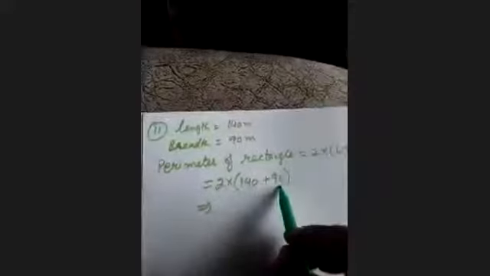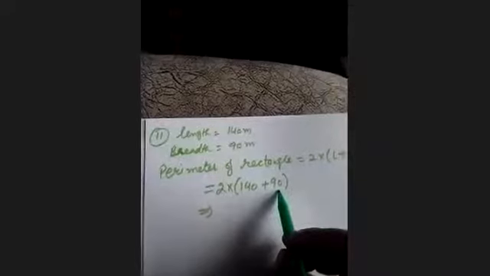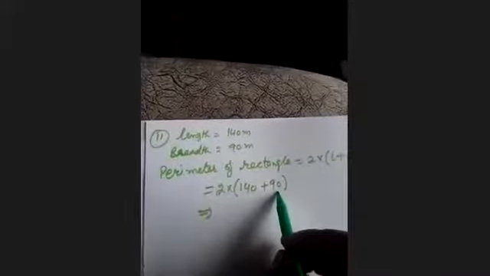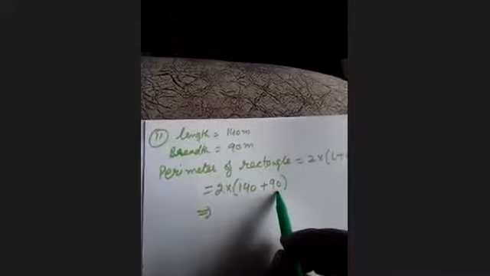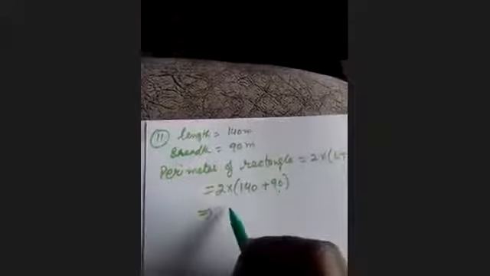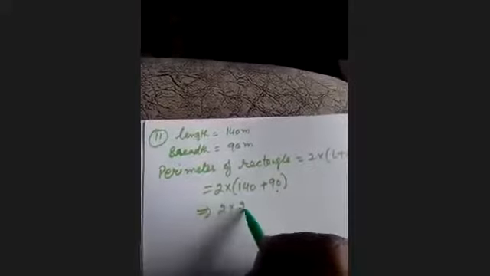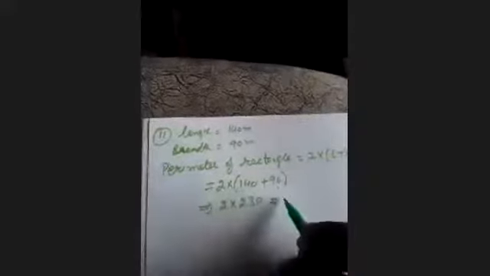Now students, 140 plus 90 is 230. Now multiply by 2. You will get 460 meter. So perimeter is 460 meter.